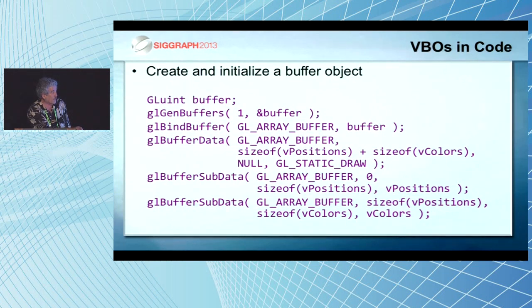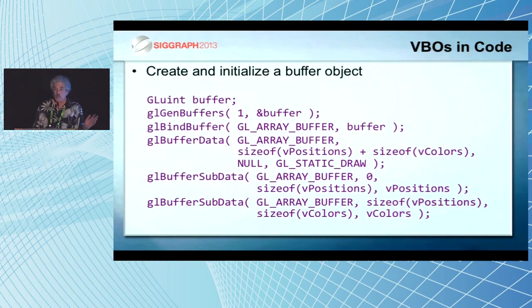It's coming from the vPositions array that we just set up, and it's of type array buffer. This is where it starts. It's going to start right at the beginning of the memory that I allocated. Now I'm going to put the colors right after that. So I'm going to send over colors of the size of colors, and it's going to be offset from the beginning by what I just put in over here, which is the size of positions.